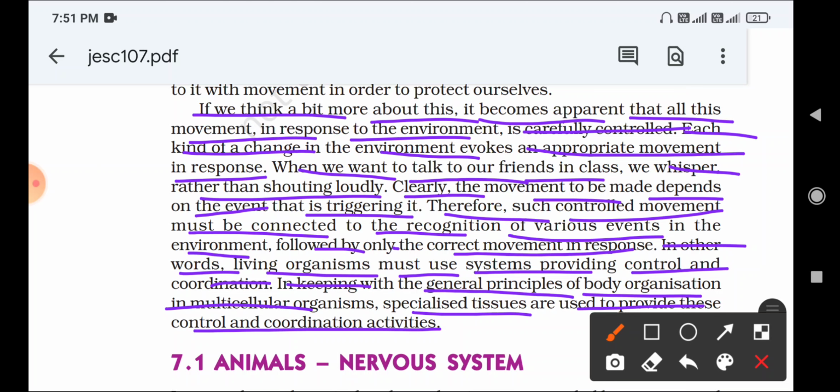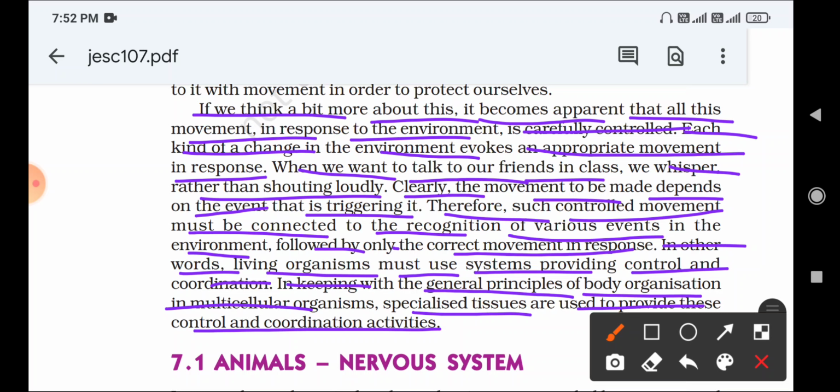Okay, so this control and coordination system differs between organisms, because in multicellular organisms these systems are specialized for doing particular functions. Okay, so in plants it is different and in animals it is different. Depending on the complexity of the organisms, these kinds of responses are done in a specialized manner.